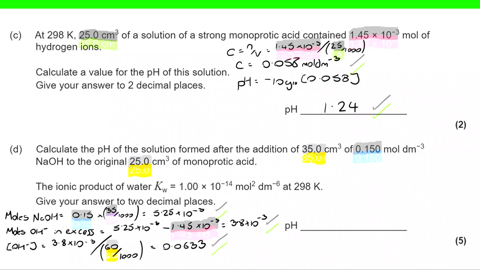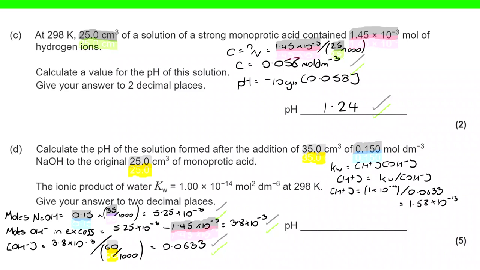And that takes you to a concentration of 0.0633. Now I can't use OH minus concentration to work out the pH. I need to convert it, or I need to find the H plus concentration. To do that, I use Kw. And we've been told that Kw has a part to play in this reaction, and we're actually told its value at 298K. There is an expectation that you will remember that. But I can take my Kw expression, I can rearrange it to make H plus the subject, and then I substitute in my Kw value and my OH minus concentration, giving me an H plus concentration of 1.58 by 10 to the minus 13.